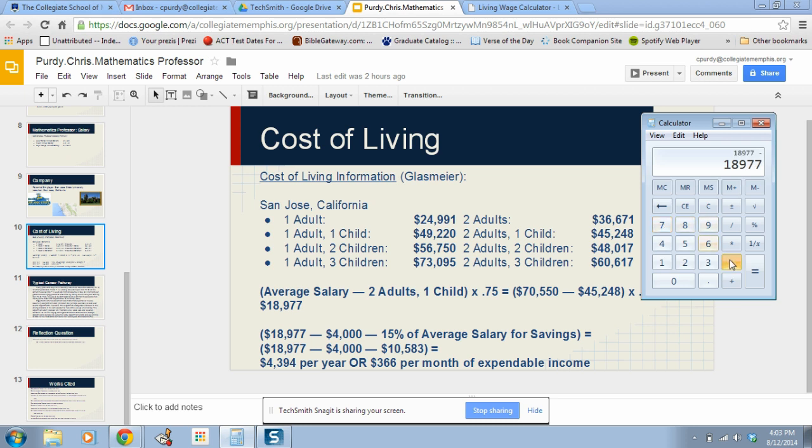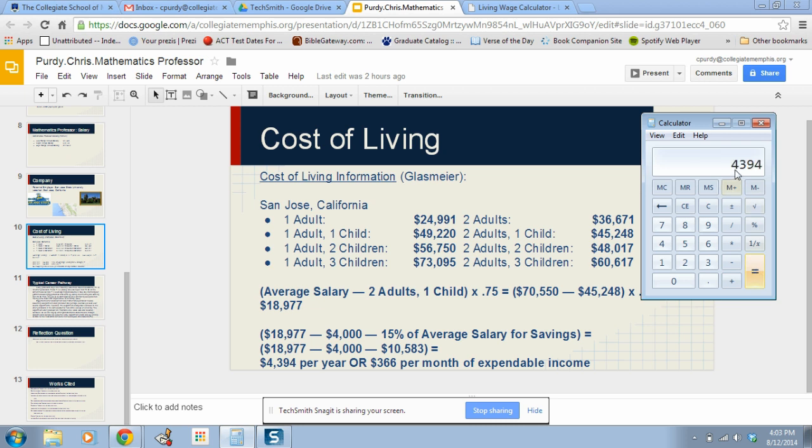18,977 minus $4,000 minus 10,583. And you might be asking, where did I get that 10,583? It was 0.15 times my average salary, $70,550. And when I multiplied that, it gave me 10,583.